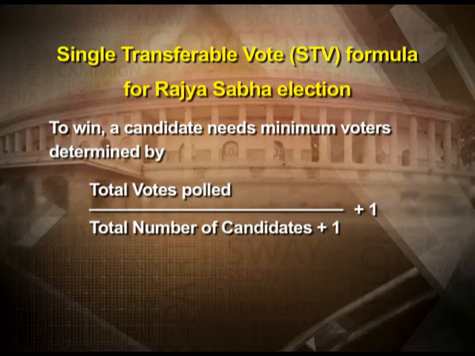They are elected by the MLAs. Now, to win, a candidate needs a minimum number of votes, and that minimum number is determined by the formula that I have given in front of you. It is the total votes polled by the candidate divided by the total number of candidates plus 1, and hold on, plus 1, this entire thing plus 1.